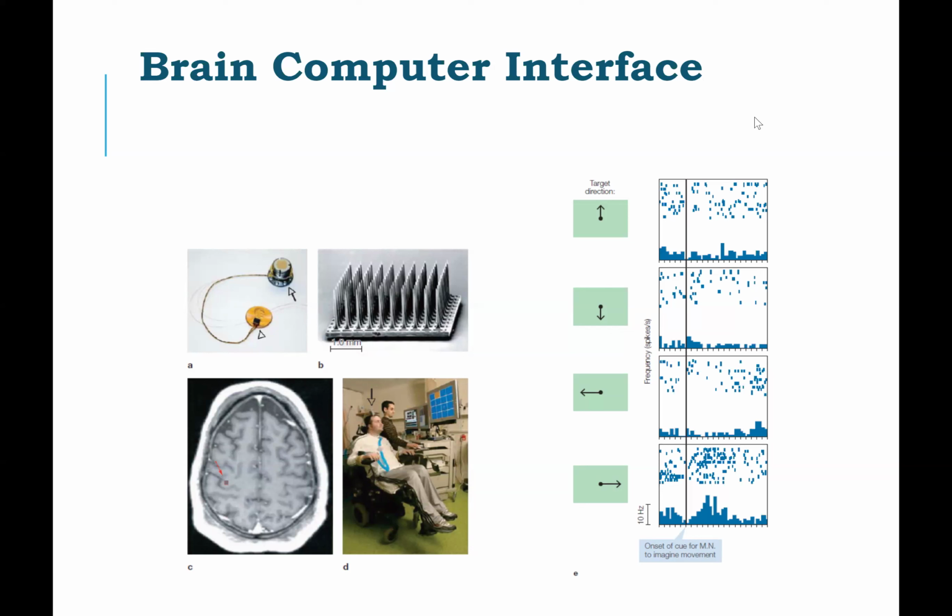I tell them, and they do that many, many times. I tell them to intend to move their hand down. They cannot, they're paraplegic, but I ask them to do it. I ask them to intend to move to the left. I ask them to intend to move to the right. And I record all this information. I record what the neural activity is. Now I have two variables. I have the intention, which is which direction they're moving, and I have the neural activity. And I can just relate the two variables.